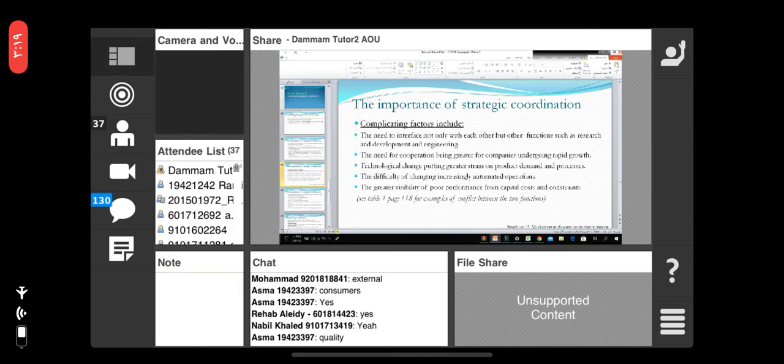Who gets paid more? What do you think guys? الoperation manager ولا الماركتينج manager? Who gets paid more?